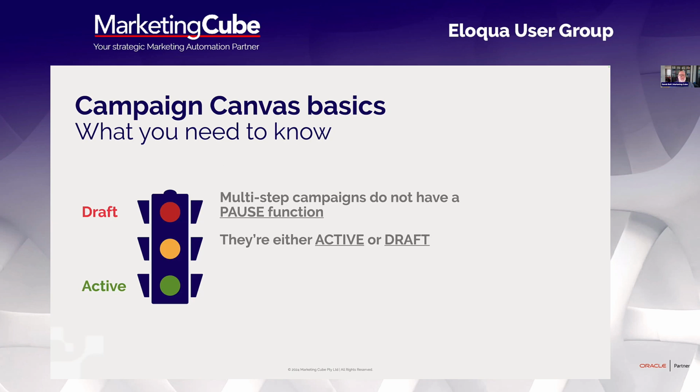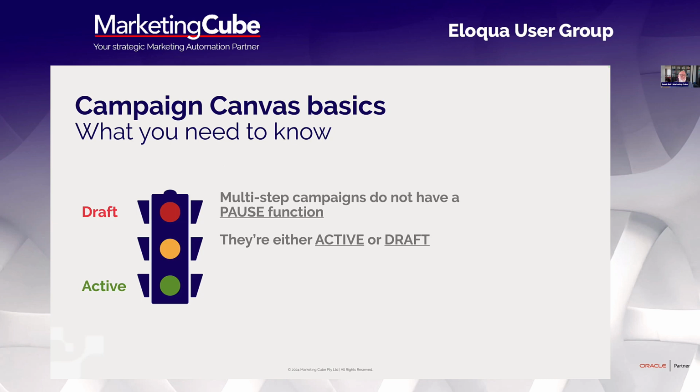So a campaign in Eloqua is either in draft or it's in active. You may see some campaigns that say completed. So completed means that it has reached the end date and Eloqua has then deactivated the campaign for you. However, if you go into a campaign and you want to deactivate it before the nominated end date, then it goes back into draft mode.